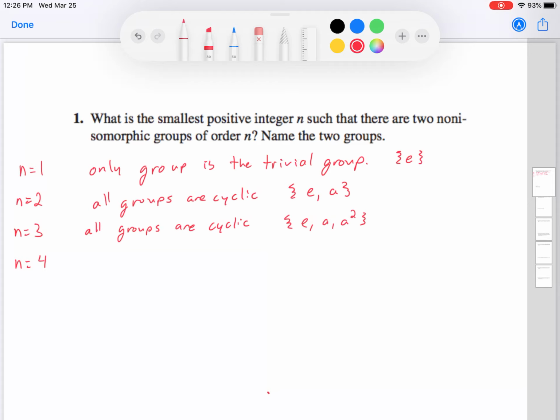Okay, well, what about n equals 4? Well, 4 is not prime, so it doesn't necessarily have to be cyclic, but it could be cyclic. If it was cyclic, we could have something like Z4.